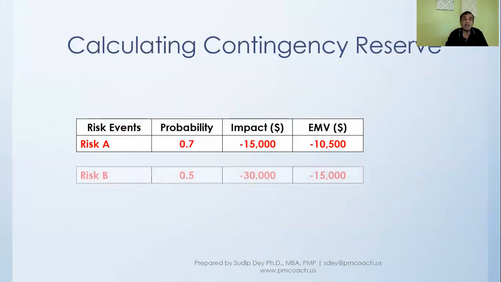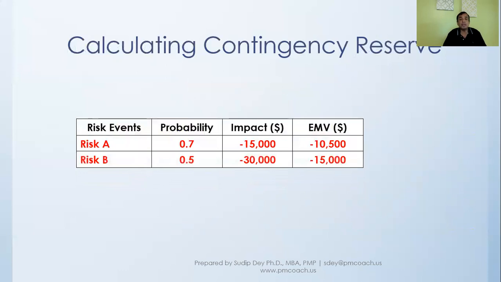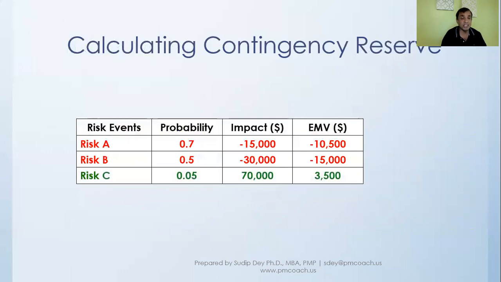Similarly, we'll calculate the expected monetary value for risk B. And here again, the same calculation tells us minus $15,000. Then there is risk C. Again, you see these are positive numbers, because this is an opportunity.